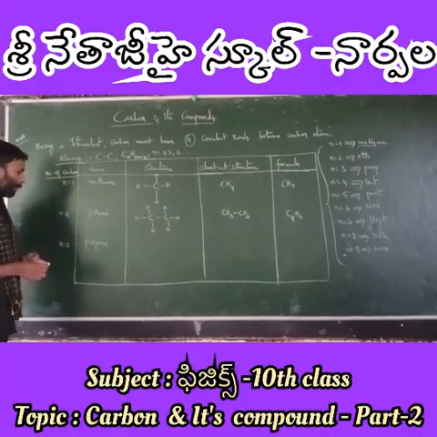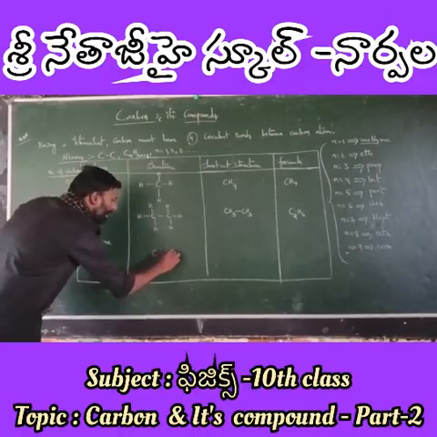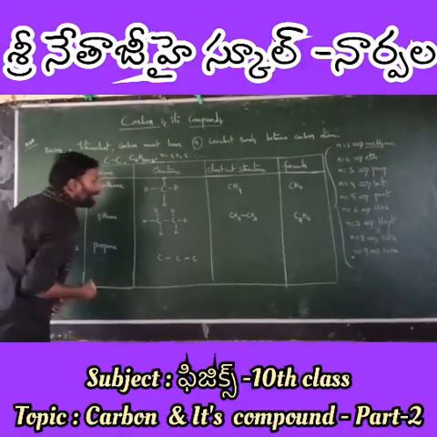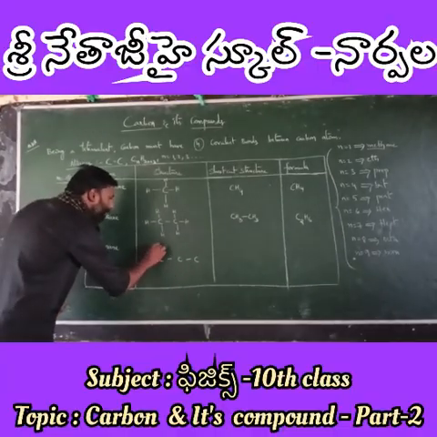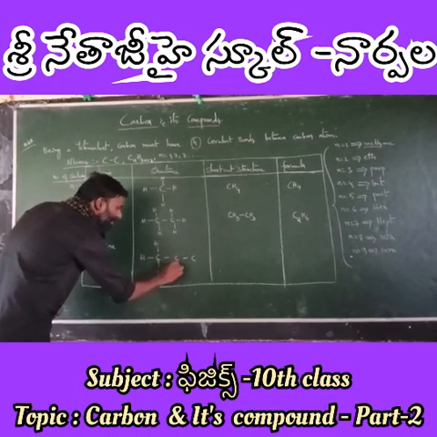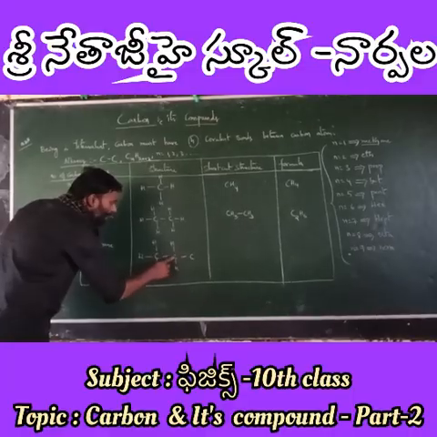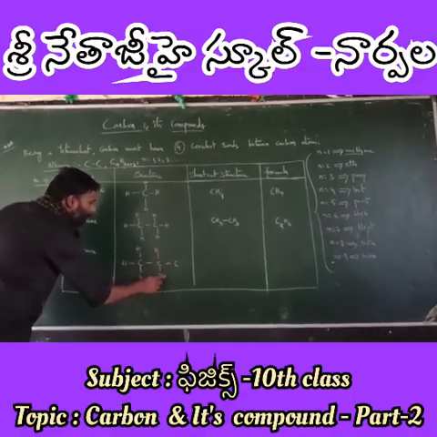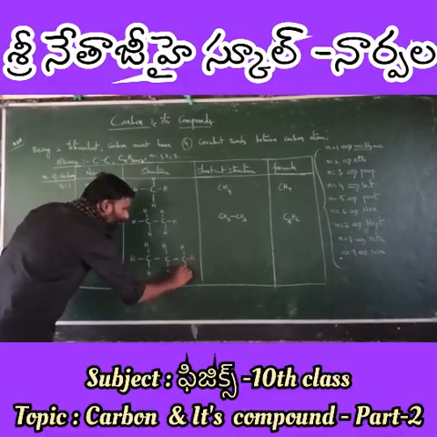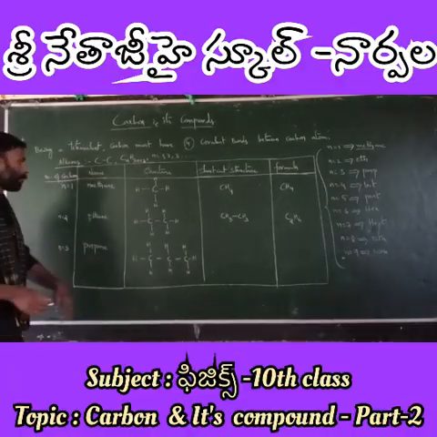Similarly, we will do propane, guys. So for propane, n is equal to 3, which means the number of carbons is 3. There should be single bonds between carbon atoms and carbon must have 4 covalent bonds, as we discussed. This is a very simple rule. Here the middle carbon already has 2 bonds, so 2 plus 2, 4 covalent bonds. It has obeyed 4 covalent bonds, and this is the structure of propane.